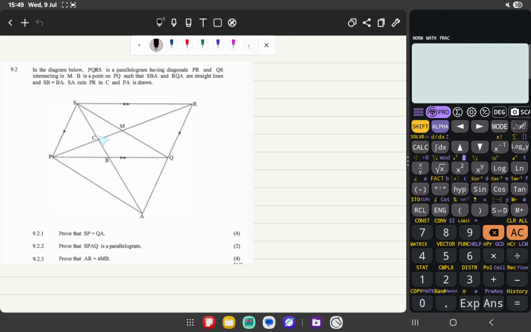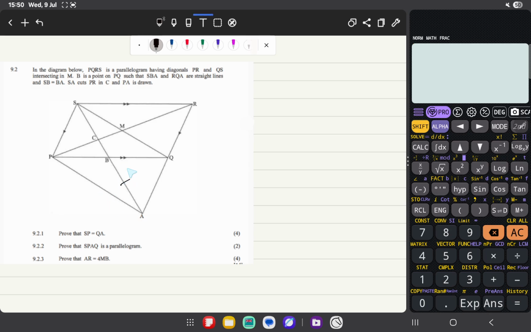B is a point on PQ such that SBA and RQA are straight lines. So we have SBA, we have RQA. They are straight lines. You have SB being equal to BA, right?